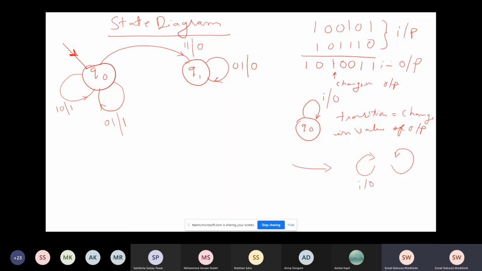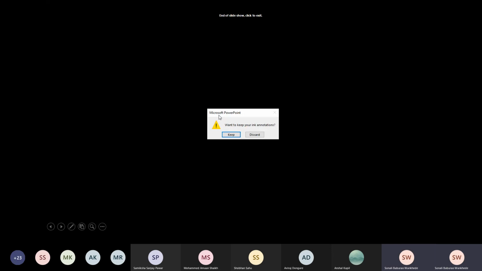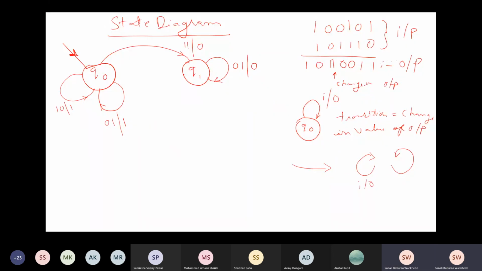So now which state will we move to? Q naught. Very good. We are moving to Q naught because the value of my output is changing from 0 to 1. So I will move to Q naught, and my inputs here are 0, 0. It gives me 1.